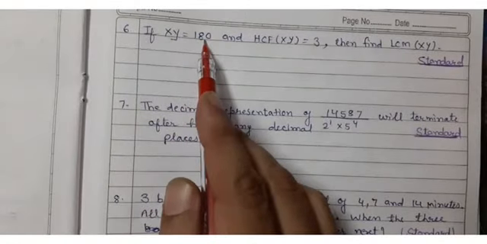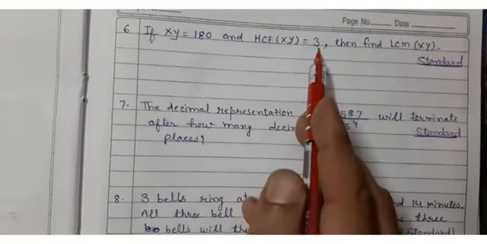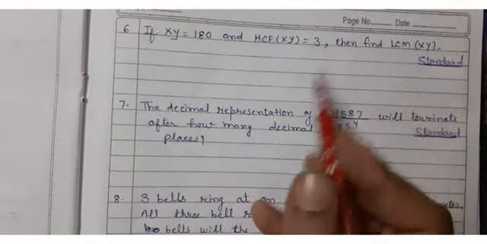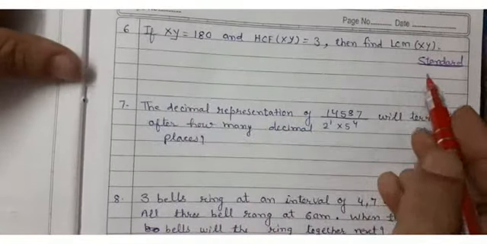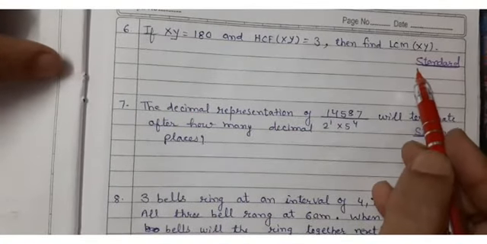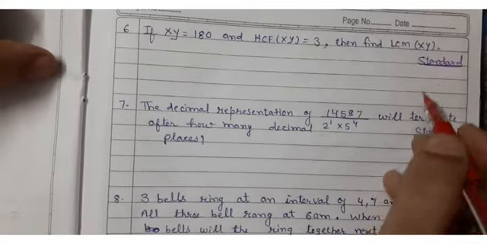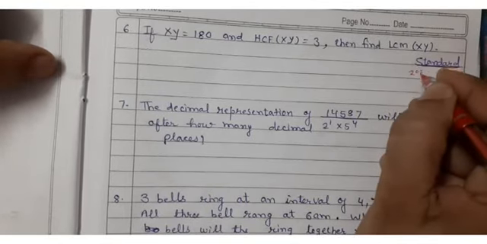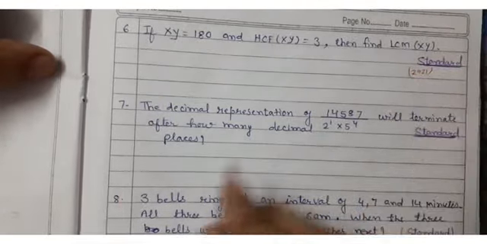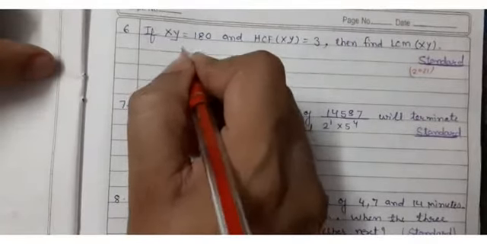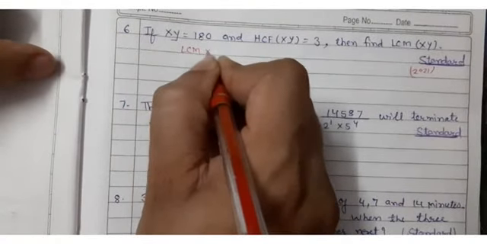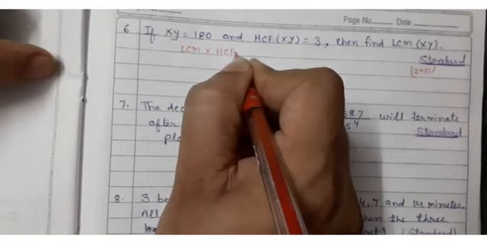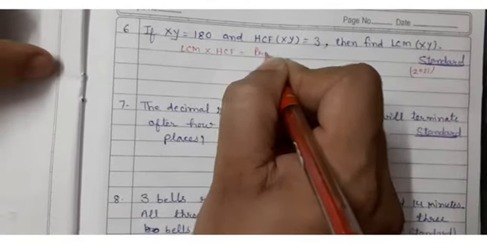Come on, the next question. If xy is 180 and HCF of xy is given to you as 3, you have to find the LCM. This question is in the 2021 CBSE standard paper. What we know: LCM into HCF is equal to the product of two numbers.